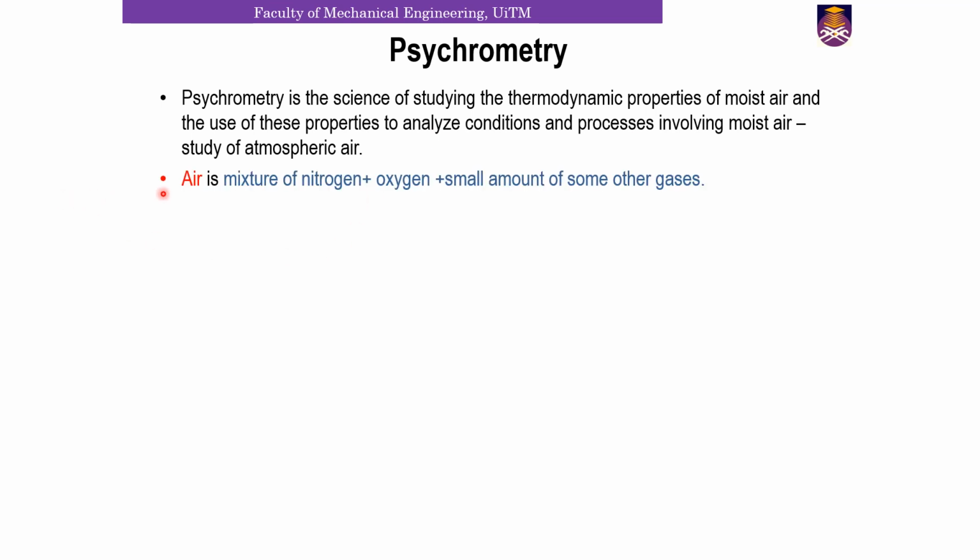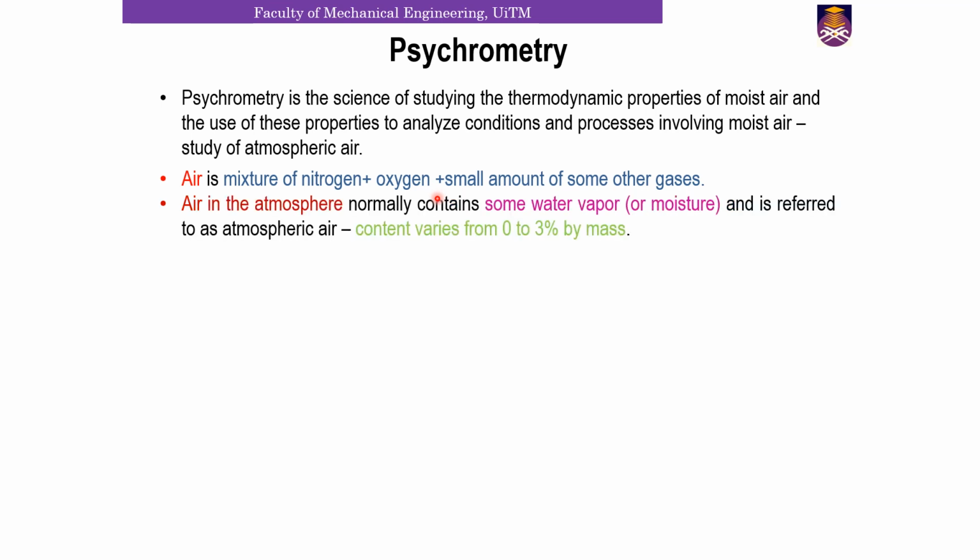Now air is a mixture of nitrogen with oxygen and some small amount of some other gases. So what are these gases? We will see in a while. So air in the atmosphere normally contains some water vapor. So we call it moisture and refer to it as the atmospheric air. The water vapor in the air in terms of content by mass can be between 0 to 3%.